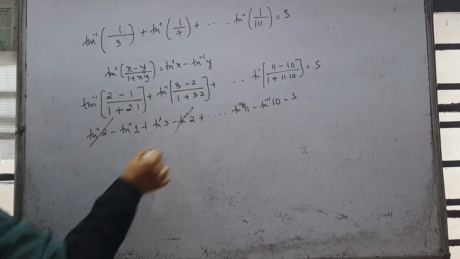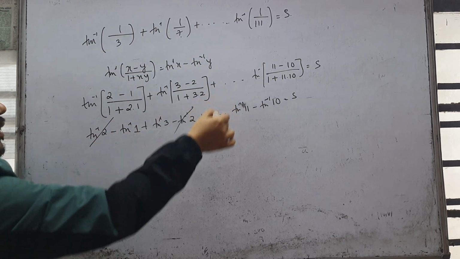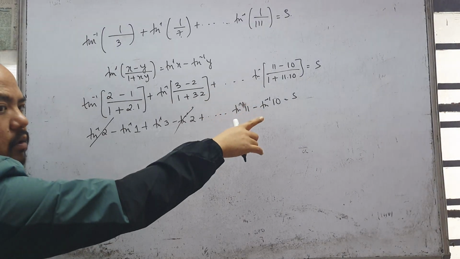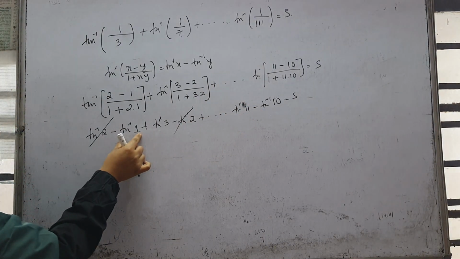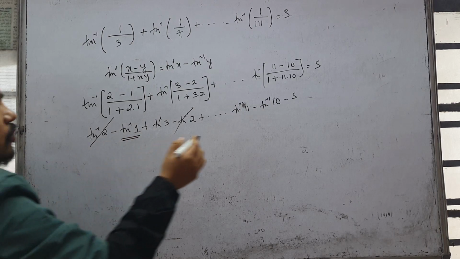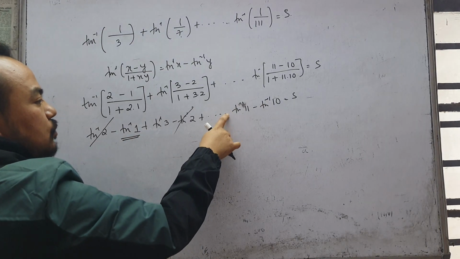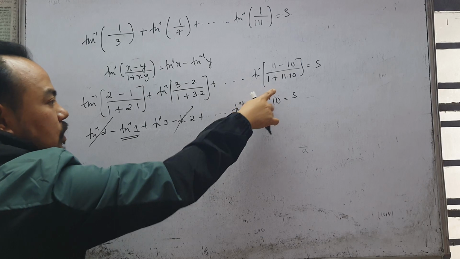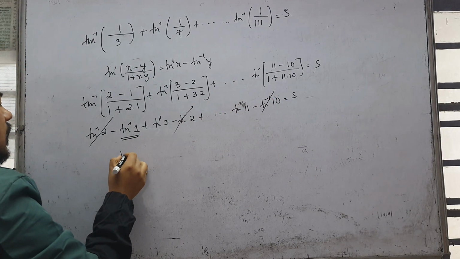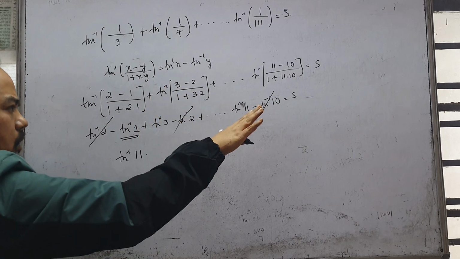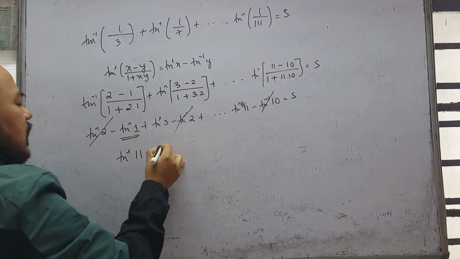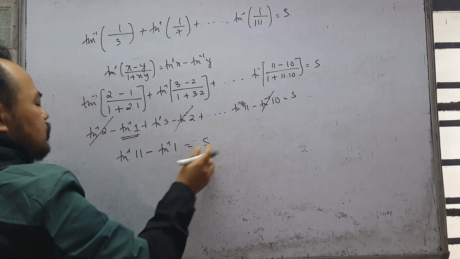Similarly tan inverse 3 and tan inverse 3 will get cancelled, because what comes after 2? 3. What comes after 3? Is it clear? So this is left. What is left? Tan inverse 1. And from here, look at this. What comes last is what? 10. So one will be positive, one will be negative. This also gets cancelled. So what is left? Only the last one, tan inverse 11, is left. The last number and the first number. The first number is what? 1. Tan inverse 11 minus tan inverse 1 equal to s.